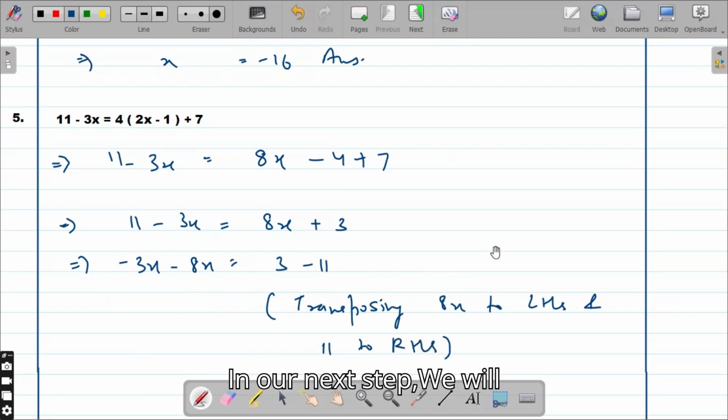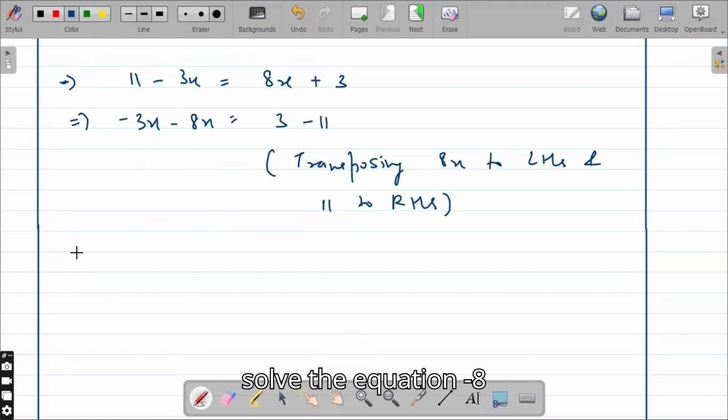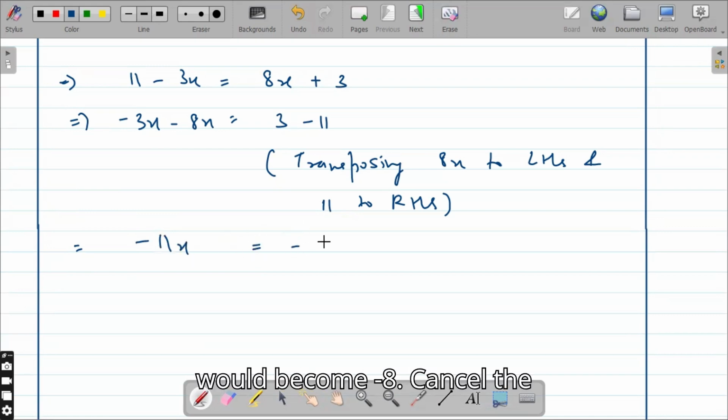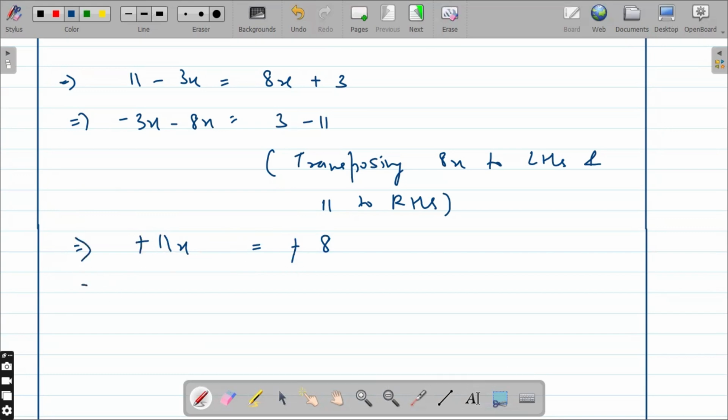In our next step, we will solve the equation. Minus 8x and minus 3x will become minus 11x, and 3 minus 11 would become minus 8. Cancel the negatives from both the sides. So x will become 8 by 11.